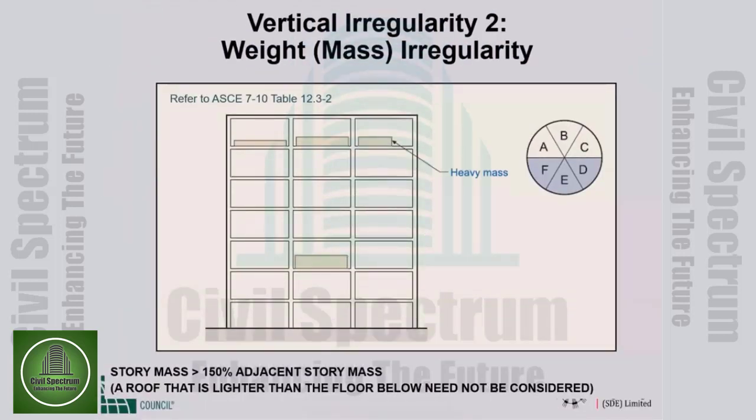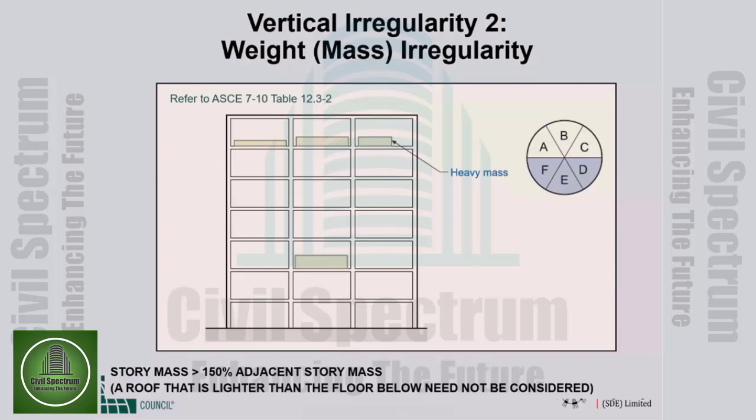The weight or mass irregularity. Story mass larger than 150% of adjacent story mass. Here, in this case, unlike in case of diaphragm discontinuity irregularity, a roof that is lighter than the floor below need not be considered. So there is an exemption for the roof.